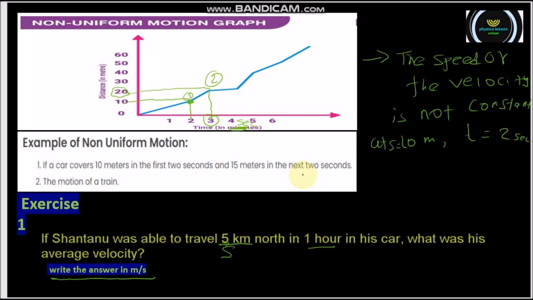Write the answer in meters per second. Look, 5 kilometers north is the displacement, given indirectly. The displacement is given in kilometers toward the north and the time is given in hours. Let's look at the solution.